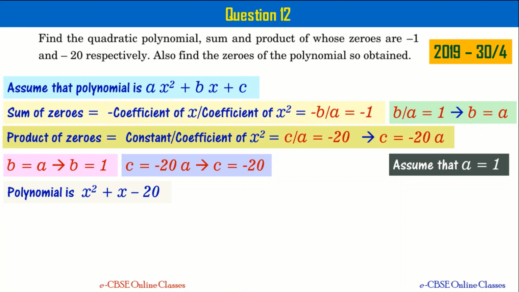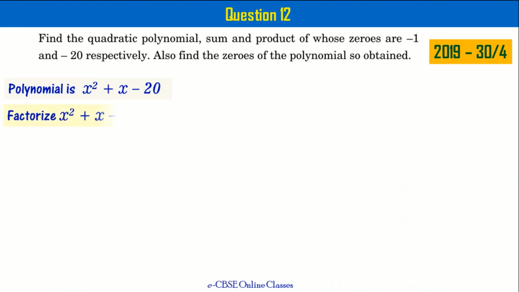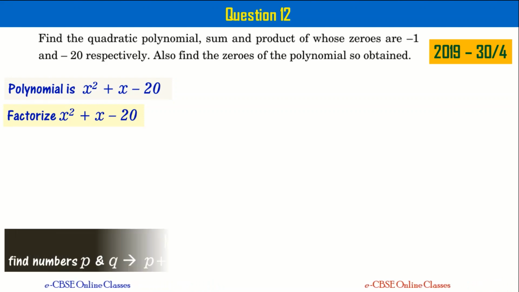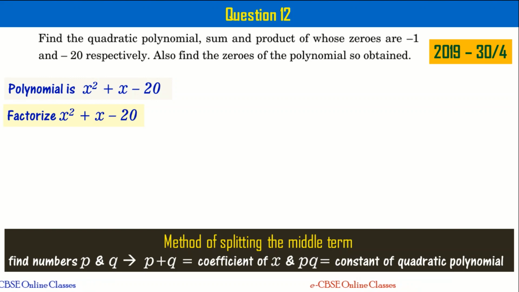The second part is we have to find zeros of the polynomial so obtained, right? It means that we have to find the factors of x square plus x minus 20 first. To do that, I'm going to use method of splitting the middle term. That says find the numbers p and q such that p plus q is going to be quotient of x and pq is going to be constant of the given quadratic polynomial.